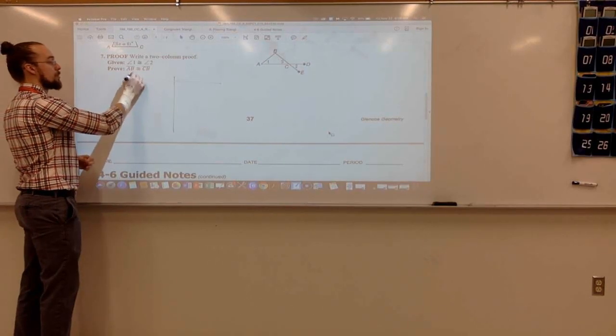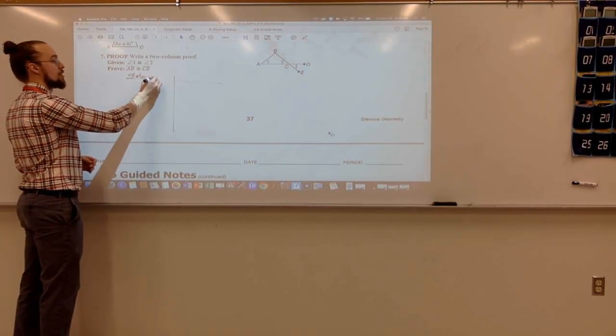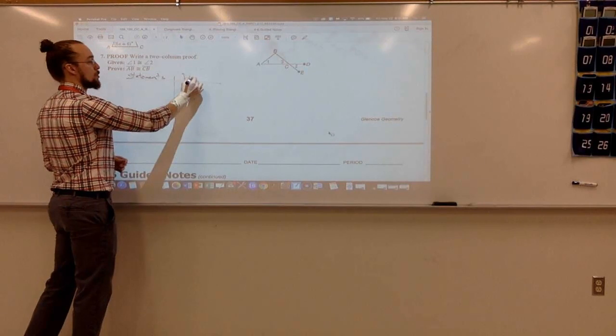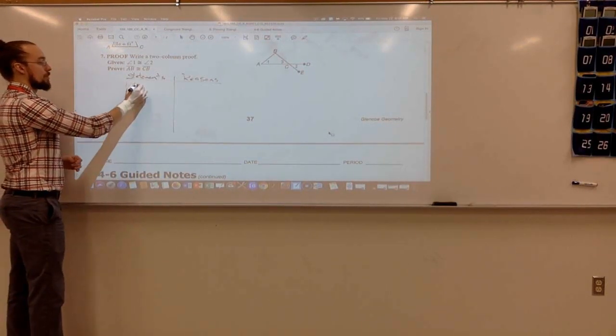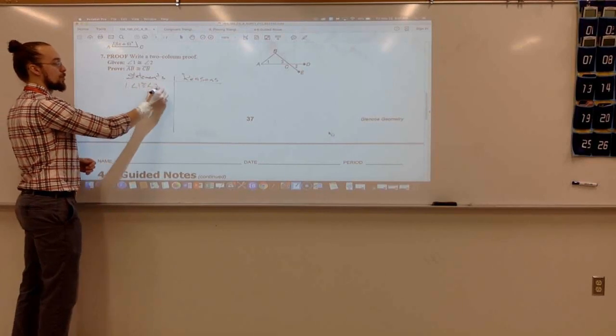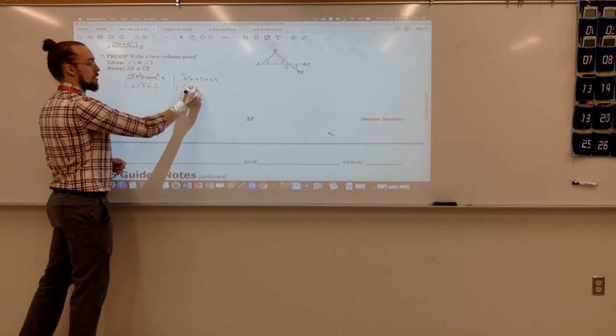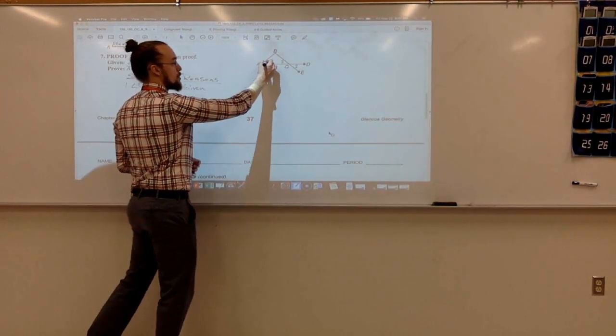So let me write down the given here first. We're given angles 1 and 2, so these two are congruent.